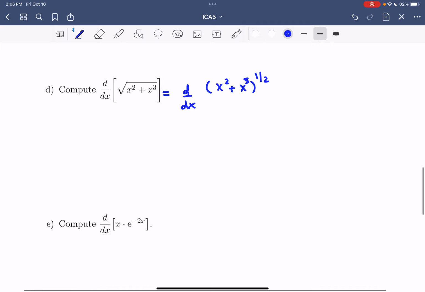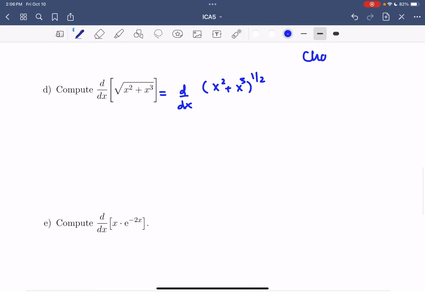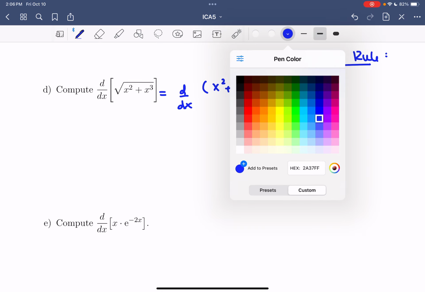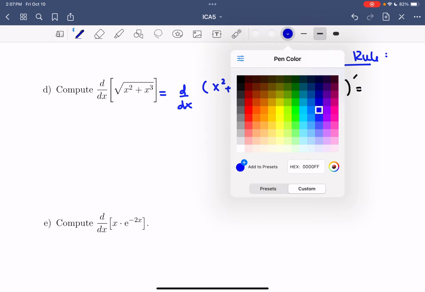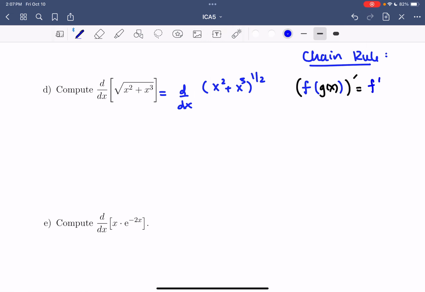So let me remind you of the chain rule. Once you get the chain rule, everything else is so simple. The chain rule is used when you have a composition of functions. So say you have f of g of x, where g of x is your inner function. You want to take the derivative of this whole thing. This will be equal to, you take the derivative of the outer function, so f prime.